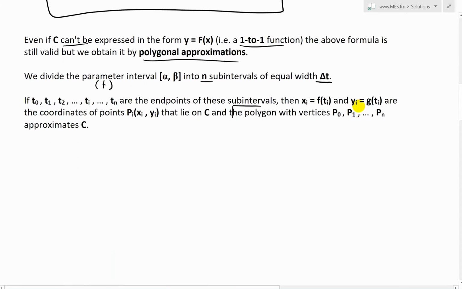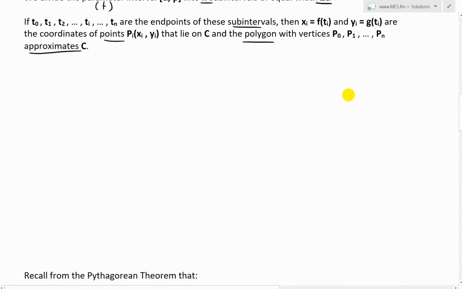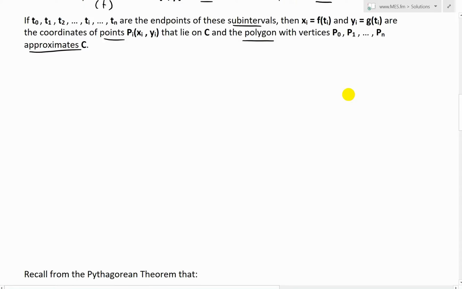Then yi equals g of ti, and these are the coordinates of the points pi, the xi and yi, that lie on C, and the polygon with vertices p0, p1, all the way to pn approximates C. This will make more sense as I draw it out.